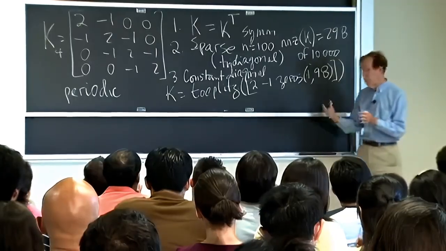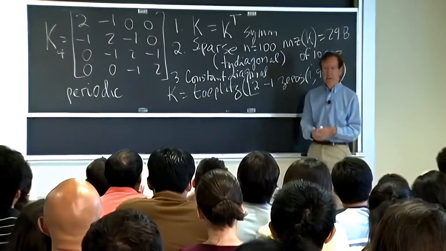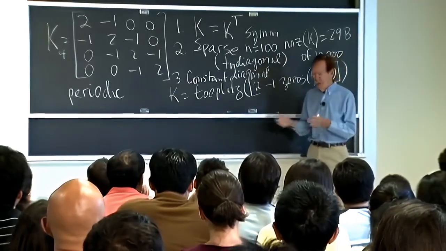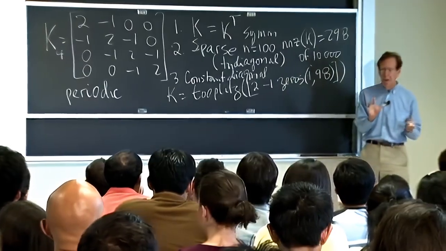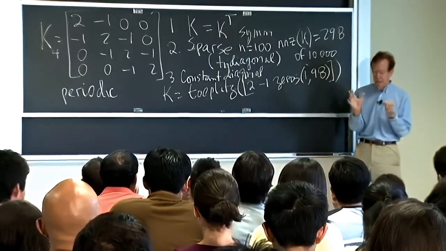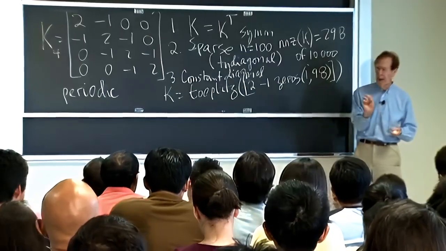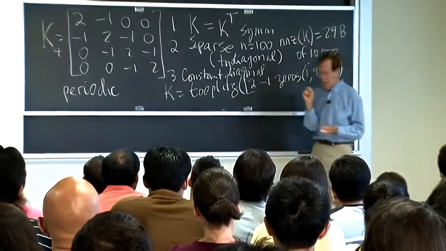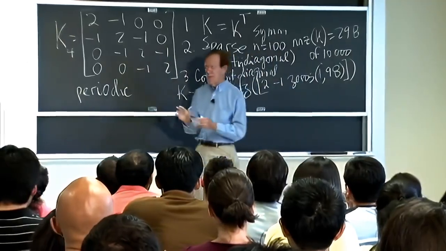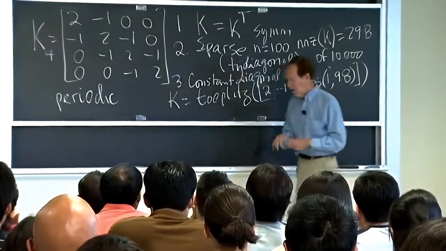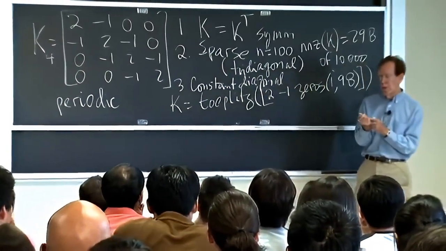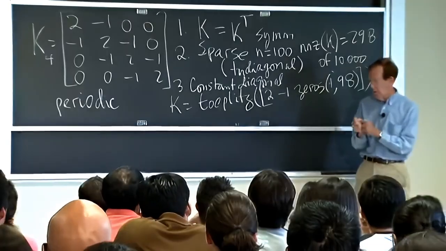In other words, it would treat K like a dense matrix, and it wouldn't know the zeros were there until it looked. But if you have really big systems, sparse MATLAB is the way to go, because sparse MATLAB keeps track only of the non-zeros. So it knows what the numbers are and their locations.